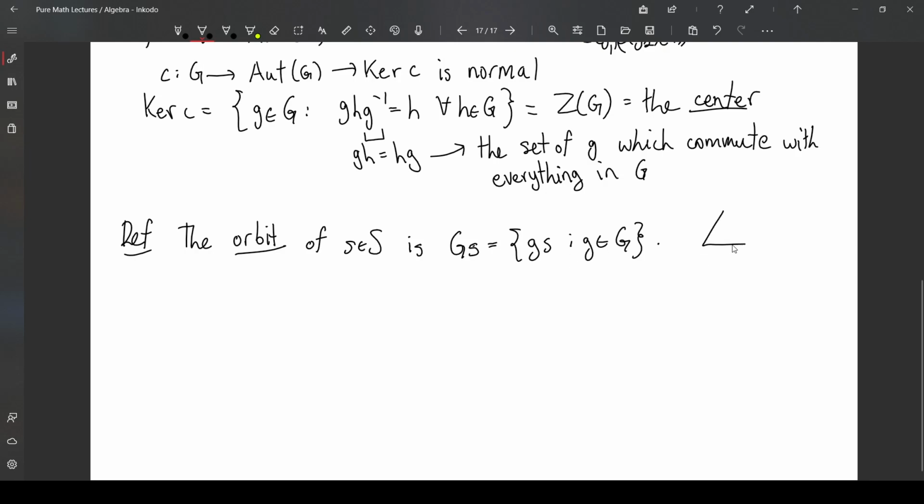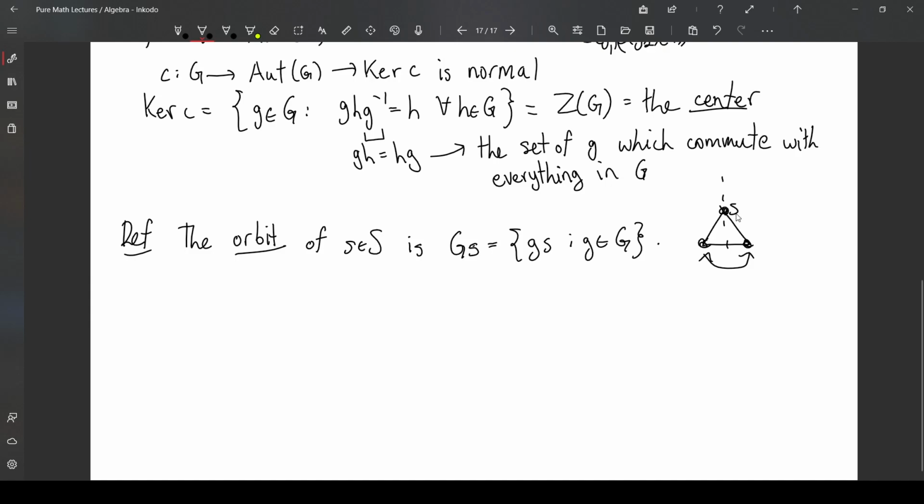So for example, with the triangle, the identity leaves these 3 points fixed, right? But then there's also this reflection, which swaps these 2 points, but leaves this one fixed.